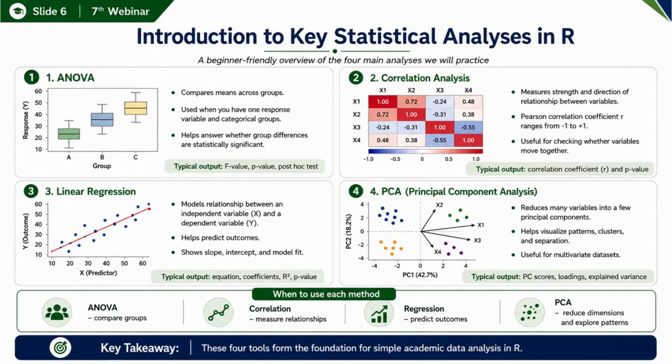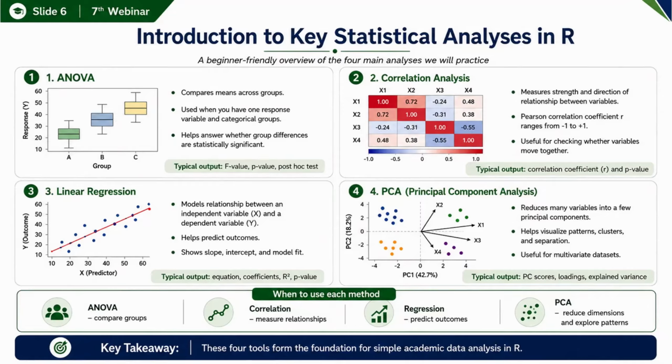PCA reduces many variables into a few principal components. It helps to visualize patterns, clusters, and separation. It is used for multivariate data sets. Just like I said, when you have different data sets from different parameters, right?